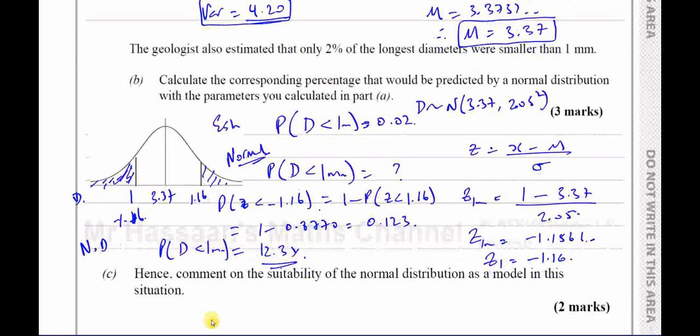Hence, comment on the suitability of the normal distribution as a model in this situation.